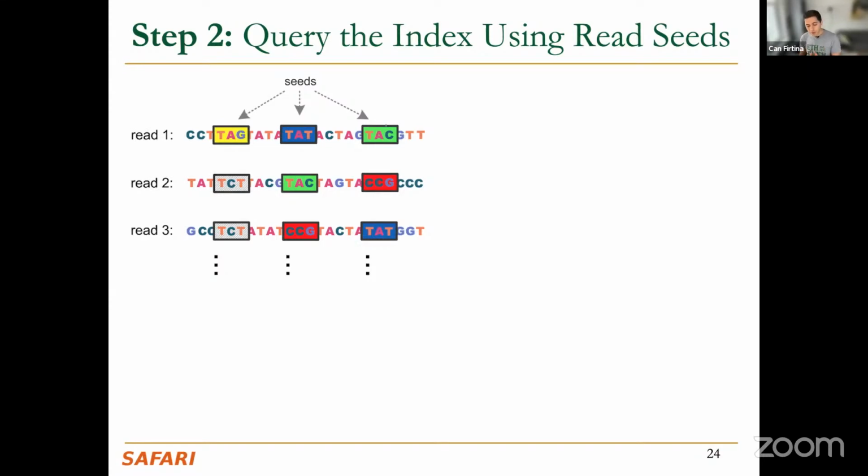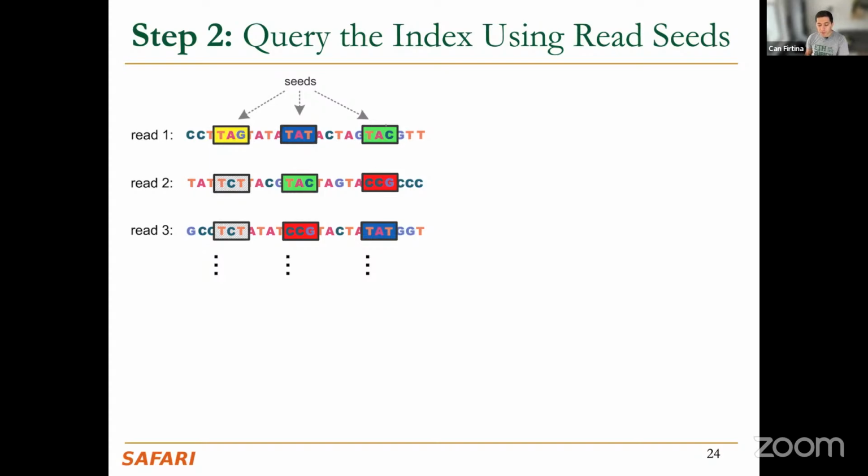So when you're building the index using a hash table, the keys are the seeds, essentially the hash values of certain subsequences that we generate from reference genomes. And the values that we store along with these keys are the list of positions where these subsequences exist in the reference genome. And this is a one-time task.